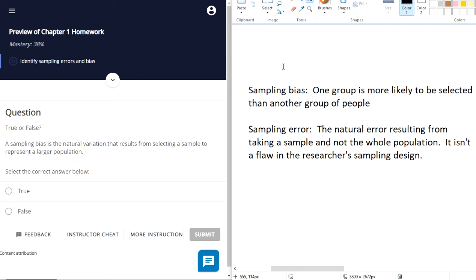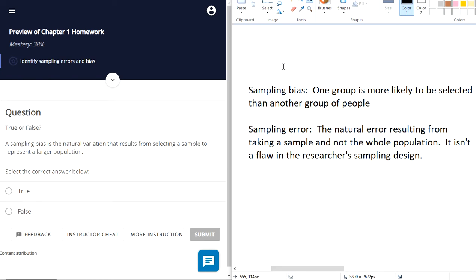Like if for some reason we wanted to know America's blood pressure, we'd have no bias, we'd have no error if we checked everyone's blood pressure. Right, but that's not practical. So we take a sample, and the sample is just naturally not going to be perfect. It's not going to represent America's blood pressure. So that would be sampling error, just that natural error that comes from not sampling everyone in the population.